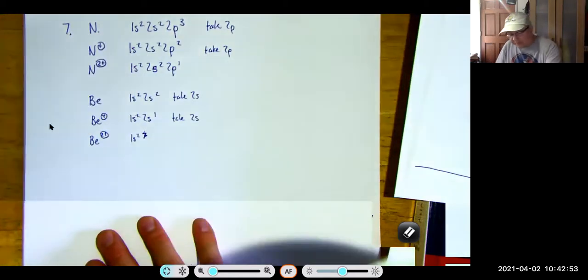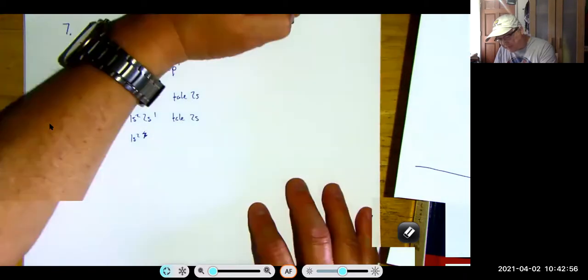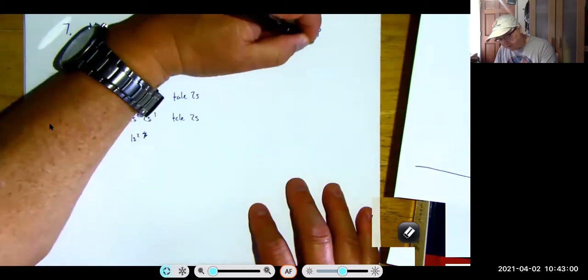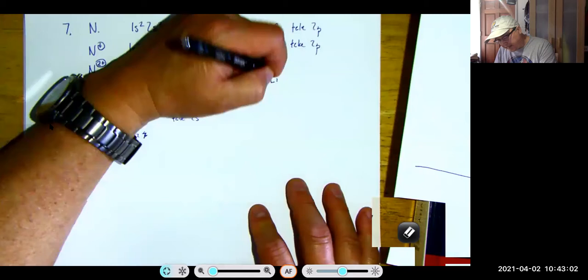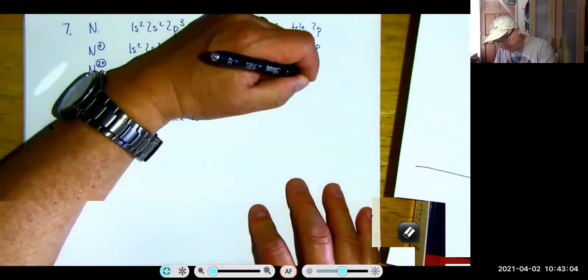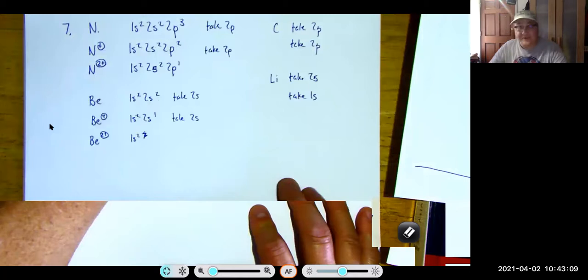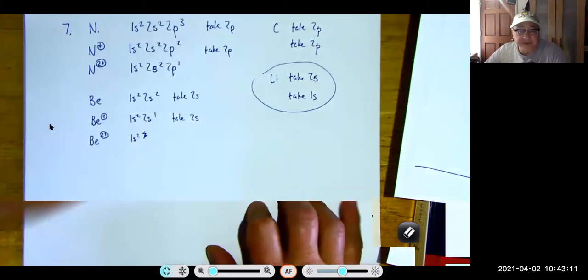So when we put it all together, for carbon we're going to take a 2p and a 2p. For lithium, we're going to take a 2s and a 1s. This has got to be the biggest difference because you're taking them from different shells.